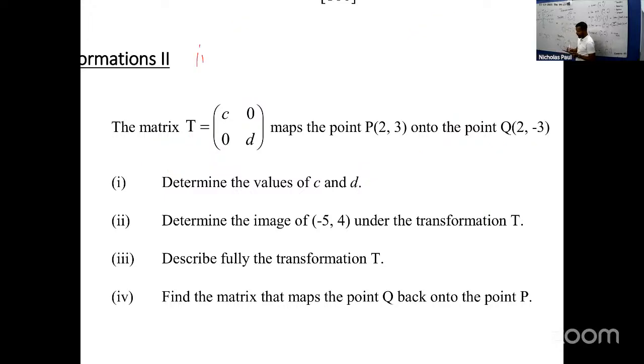Hurry up, multiply out part 2. So you know what the matrix is, right? Multiply it out. Tell me what you get. You always multiply the transformation matrix by the object.